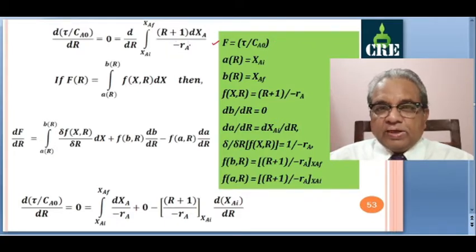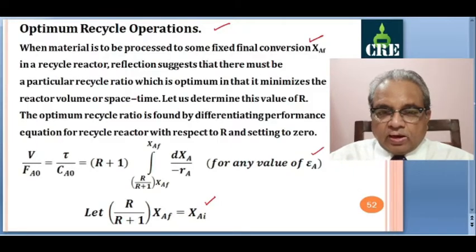Lower limit is XAI, a of r is XAI, b of r is XAF. For dB by dr, b is XA final, this is a constant value, so the derivative is 0. For dA by dr, XAI is defined as R by R plus 1 XAF, so it varies with respect to R.